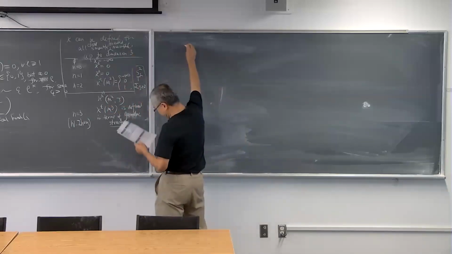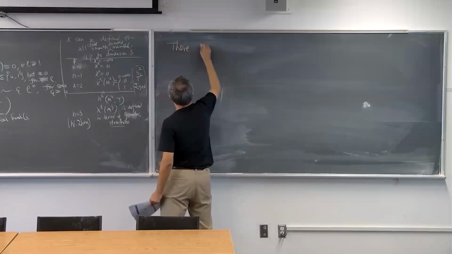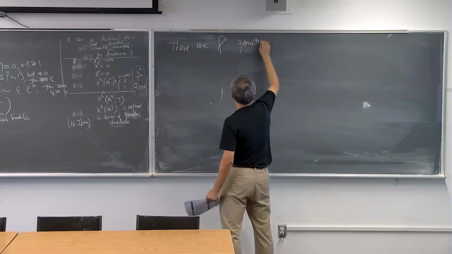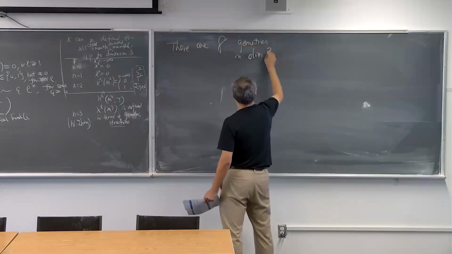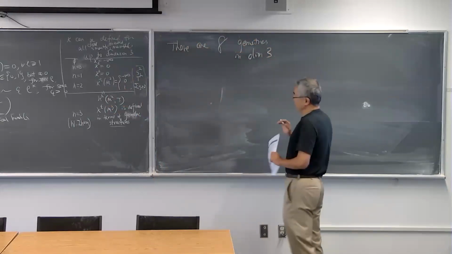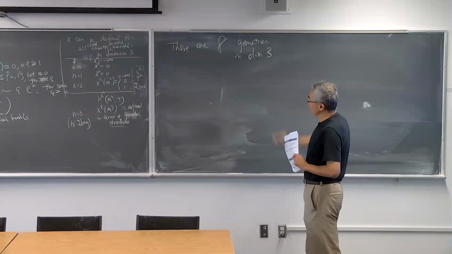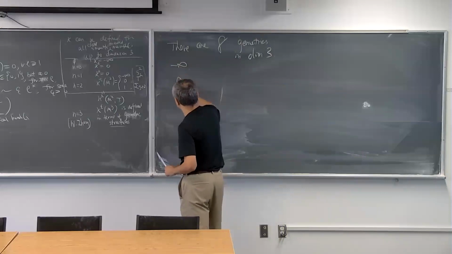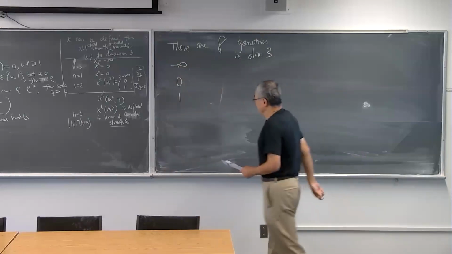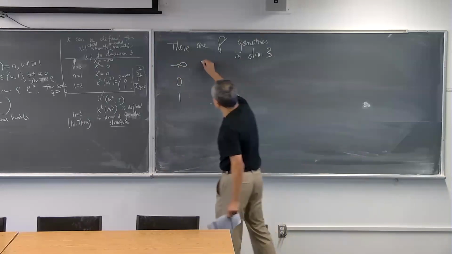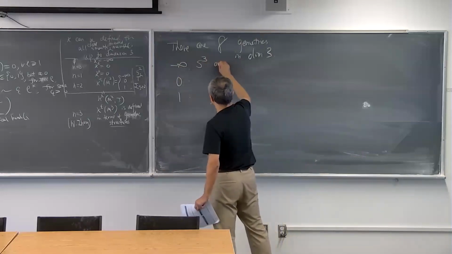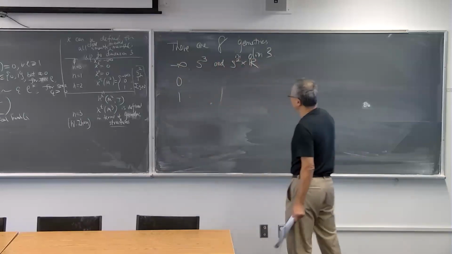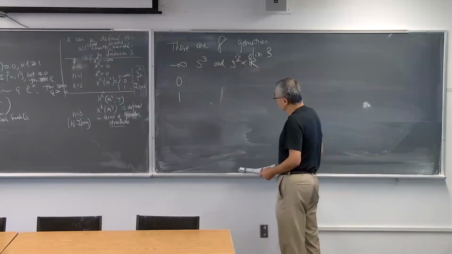Okay, so there are 8 geometries in dimension 3. And so he divided these 8 into 3 classes. So the manifolds don't have to be compact?